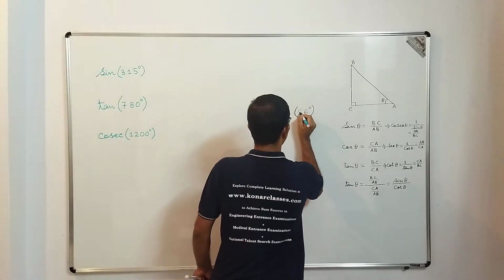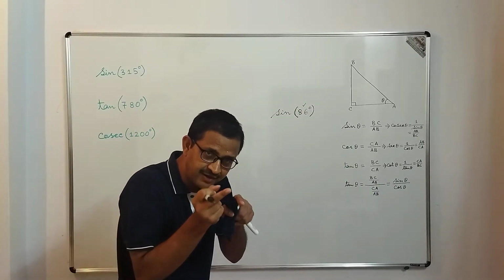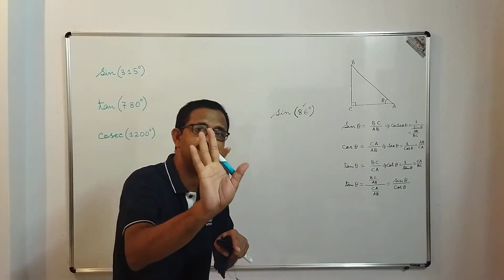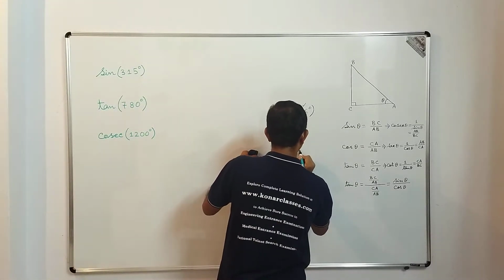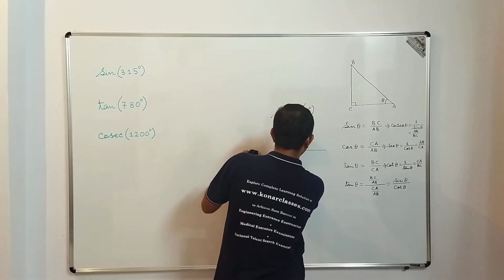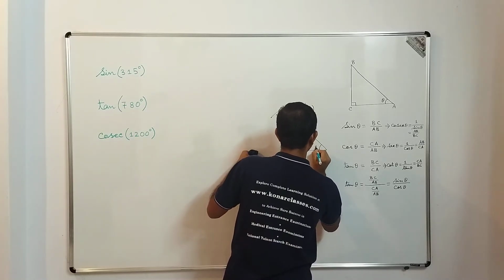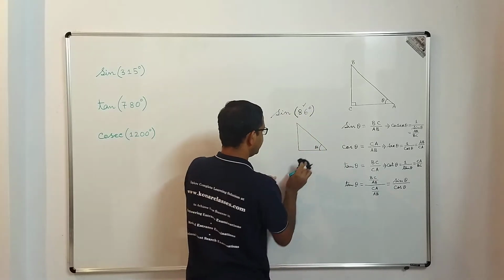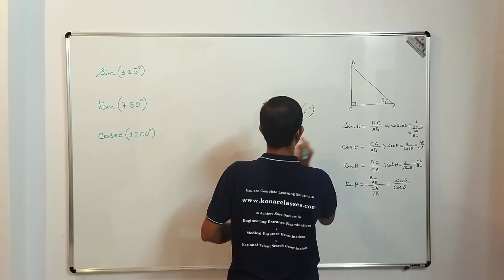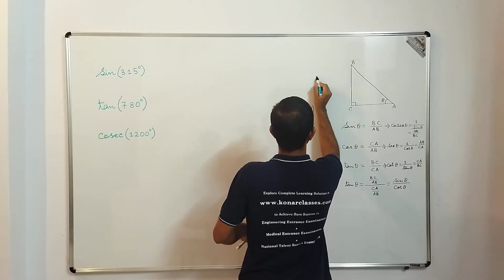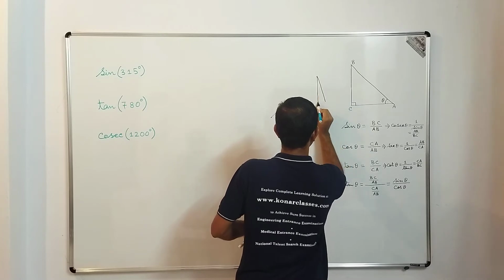Very easy. The moment we see that the angle is less than 90 degree, we can always construct a right angle triangle with one angle 86 degree, correct? So this angle we can consider as 86 degree, though it is drawn much smaller than 86. So you can consider a triangle something like this, where 86 will be very near to 90 degree.